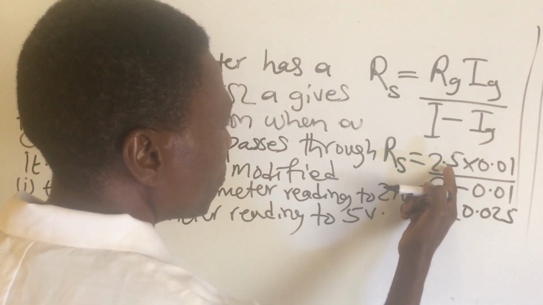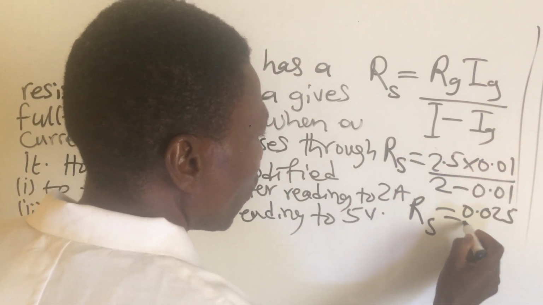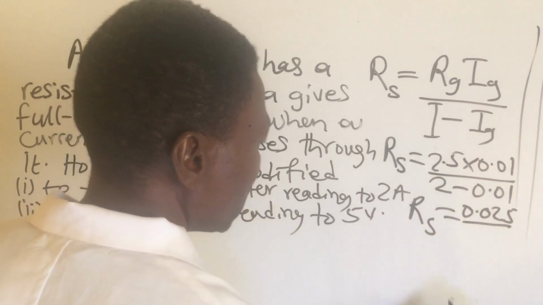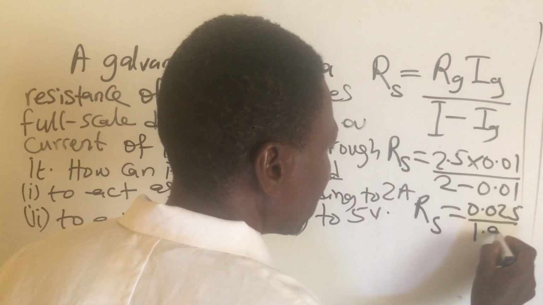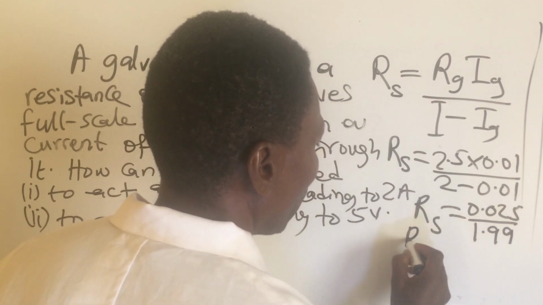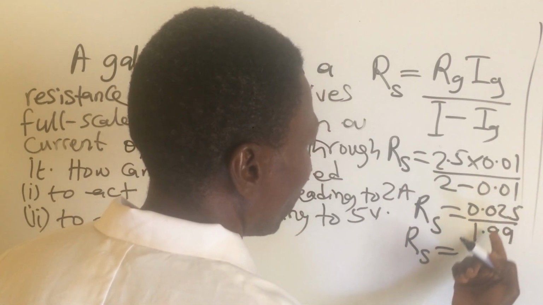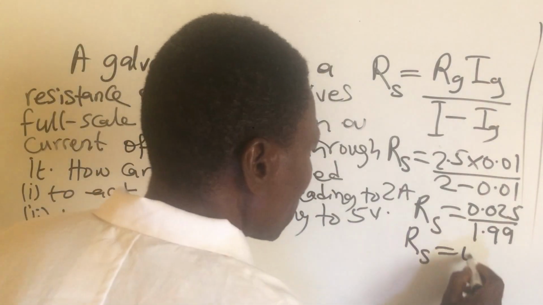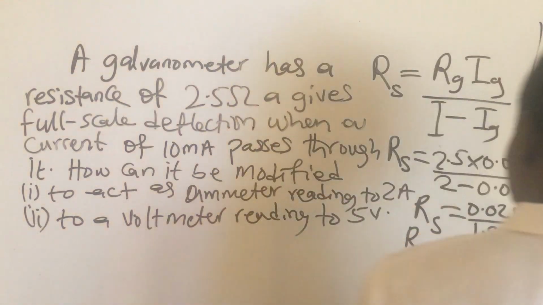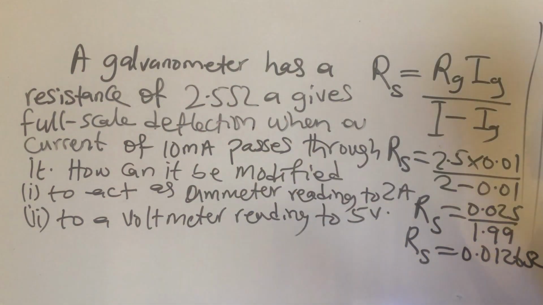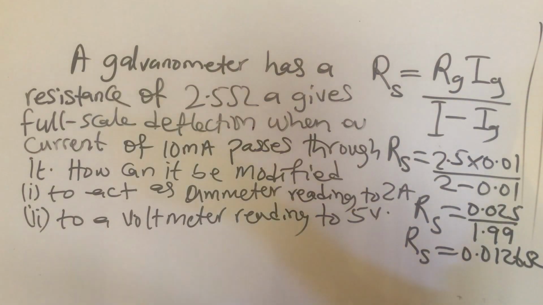When we multiply 2.5 times 0.01 we have 0.025, all over 2 minus 0.01, which is 1.99. Now when we divide the top by the bottom, what do we have? 0.0126 ohms. Can you see that this is a very small resistance? When we connect it in parallel with the galvanometer, it means that we have converted it to an ammeter that can measure 2 ampere.